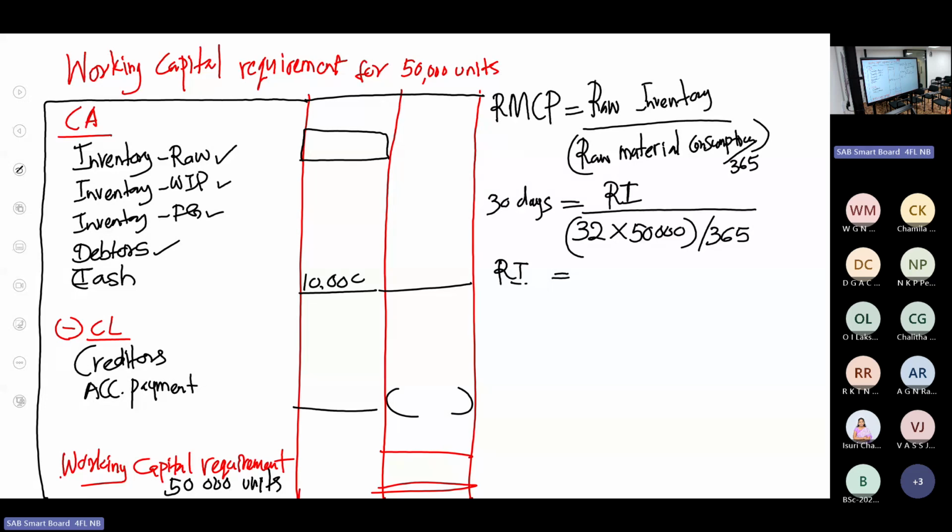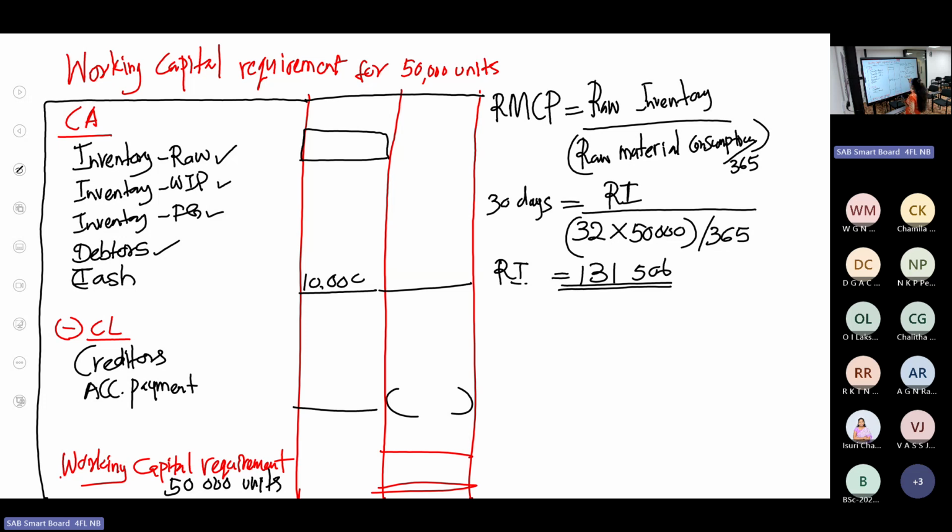Yes, students, you can tell me the raw material inventory. How much is it? How much is the inventory? 131,506.